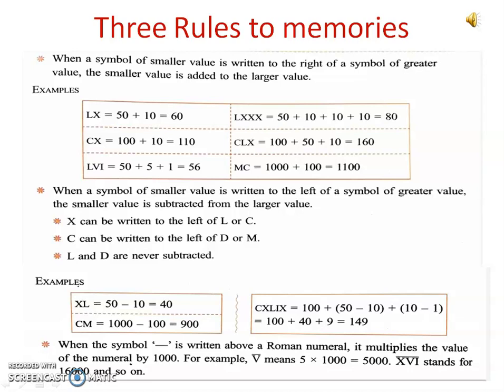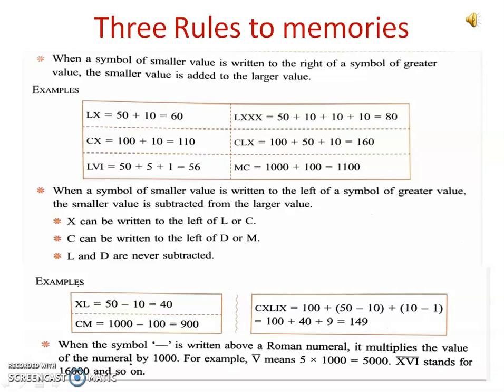Similarly, CX. C stands for 100, X stands for 10, and 100 is greater than 10. So X is the smaller value and C is the greater value, and X is written to the right of C. That's why we will add 100 plus 10, and it will give us the value 110.